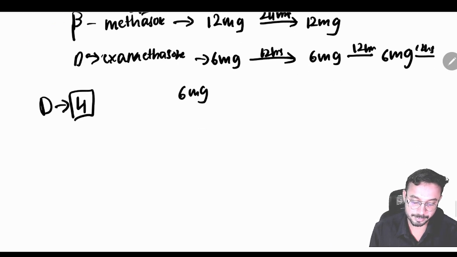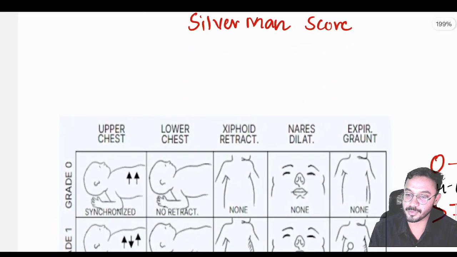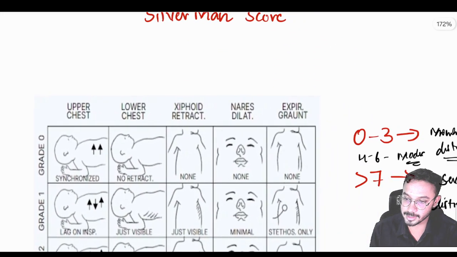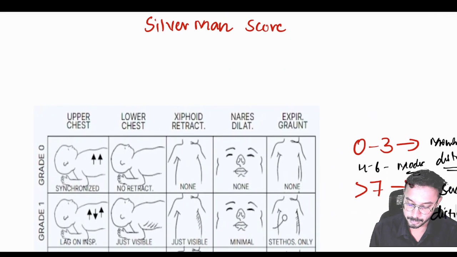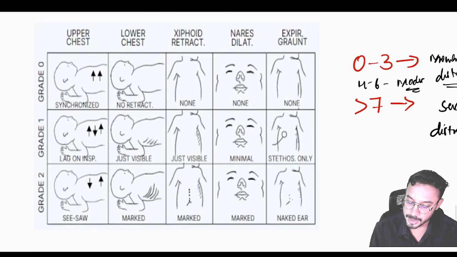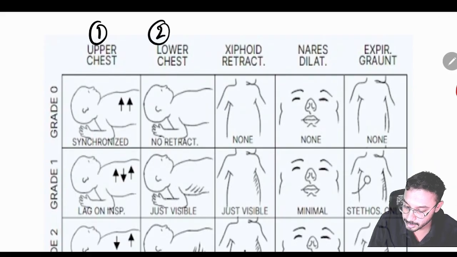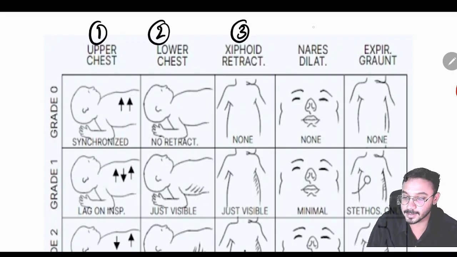So this is about respiratory distress. To assess respiratory distress in preterm babies, we will use the score known as the Silverman score. So the Silverman score is used in preterm babies. So what will you find? Upper chest retractions, lower chest retractions, xiphoid retractions, nares dilation or nasal flaring, and grunt.